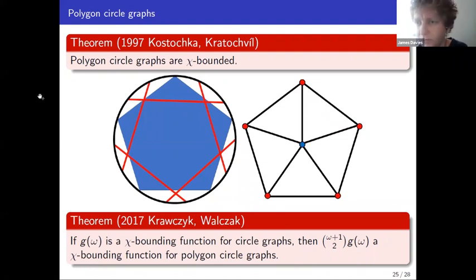Actually, our original omega squared proof for circle graphs can also be adapted without too much trouble to work for polygon circle graphs. An interesting thing with the omega log omega proof is that this completely breaks down and doesn't seem to work for polygon circle graphs. So we still have the same lower bound for these, and so this gap for polygon circle graphs still remains.